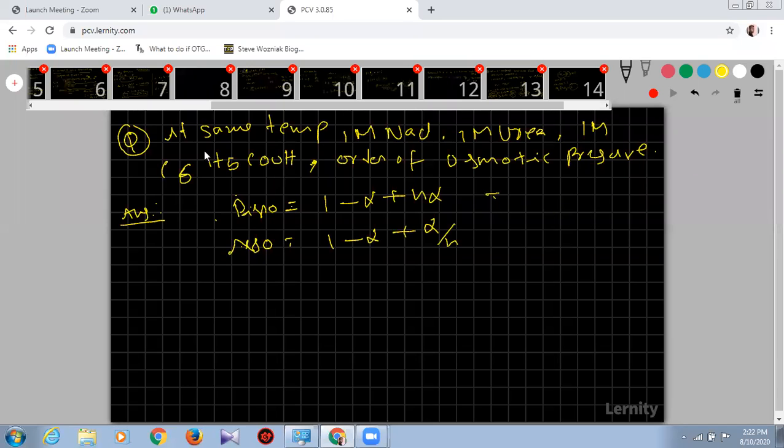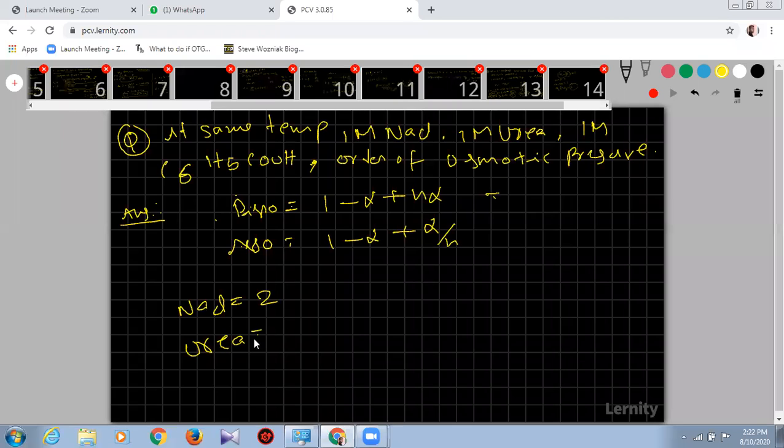Benzoic acid, urea, sodium chloride: will it get dissociated or associated? NaCl will get dissociated. That means how much will you get? 1 minus 1 plus n alpha, how much will you get? 2. And what about urea?